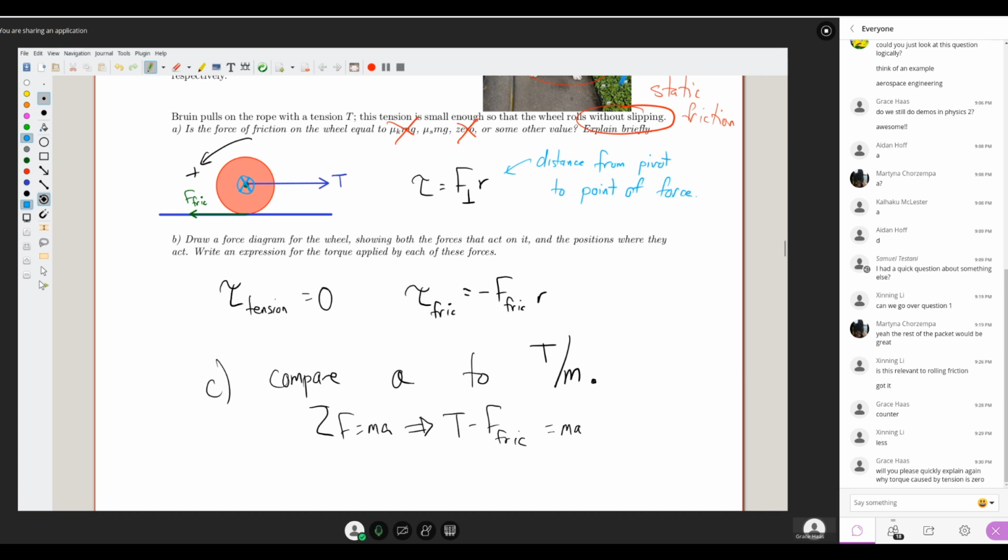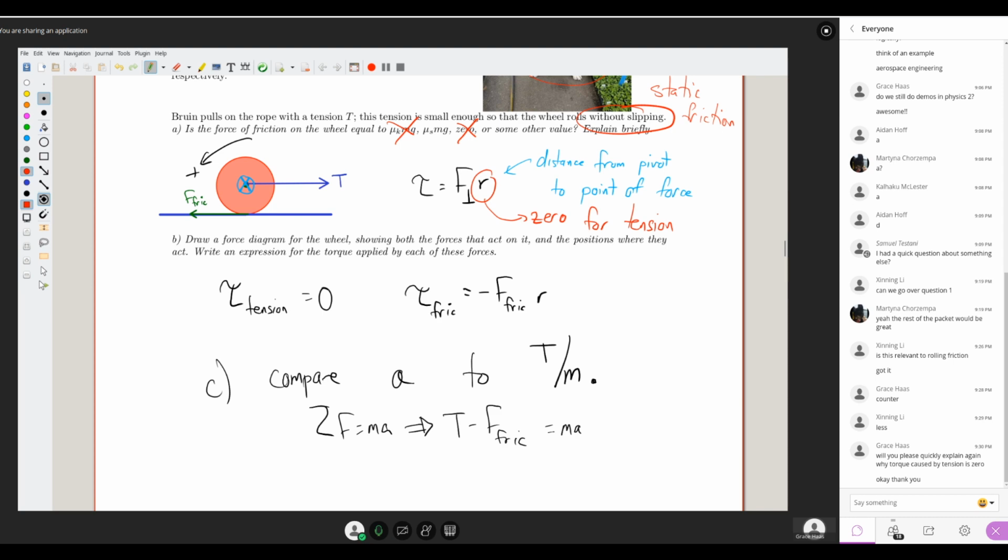And the pivot here is in the middle because we chose it to be there. And that's the same place that the tension is acting. So in this case, this radius is 0 for the tension. Does that clarify that? Good, good.